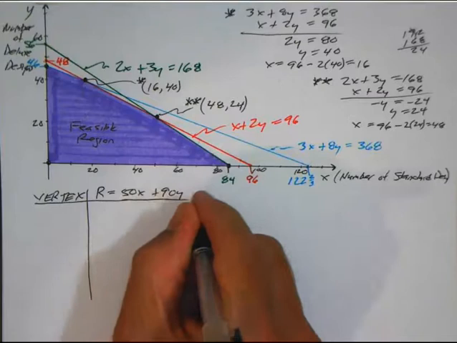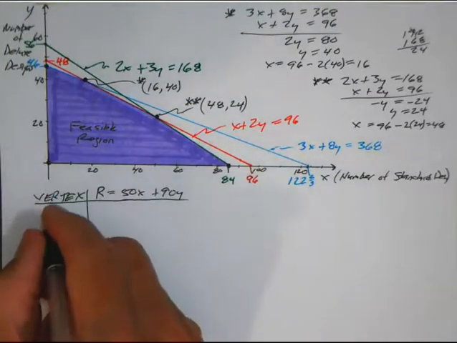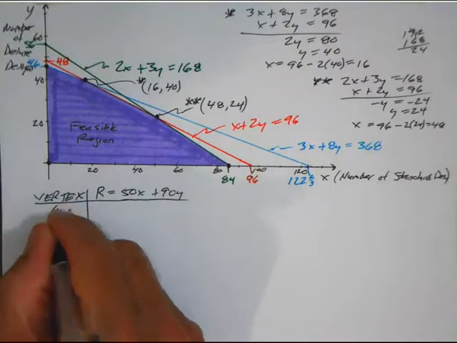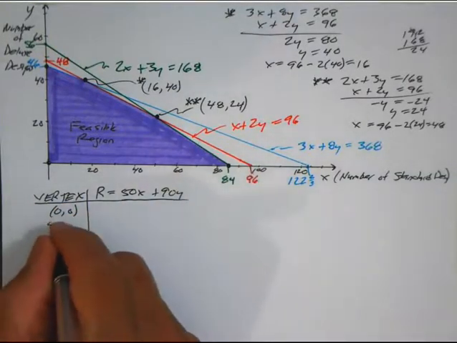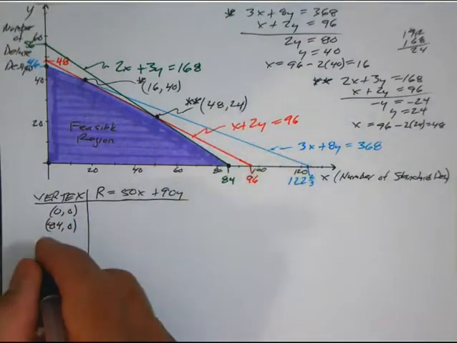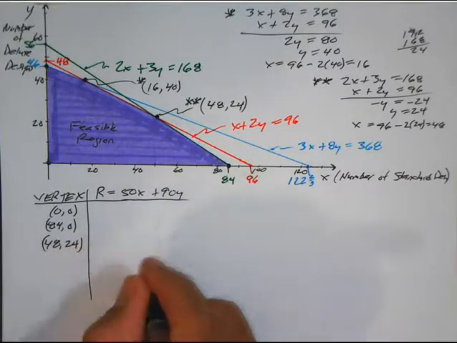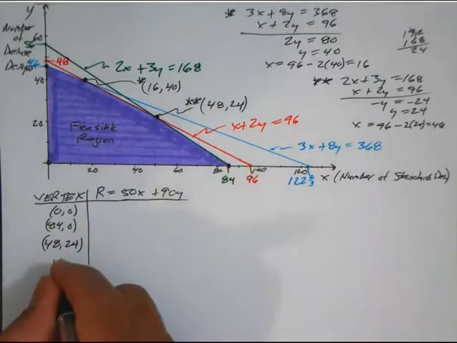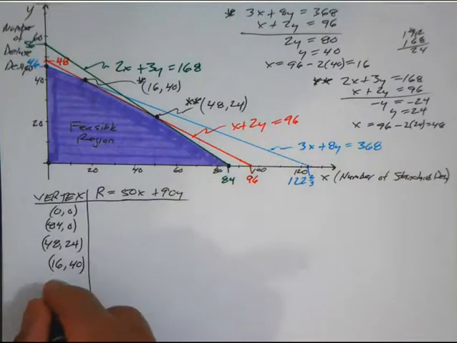Okay, now let's take all our vertices. We got 0, 0. We got 84, 0. We have 48, 24. We have 16, 40, and we have 0, 46.